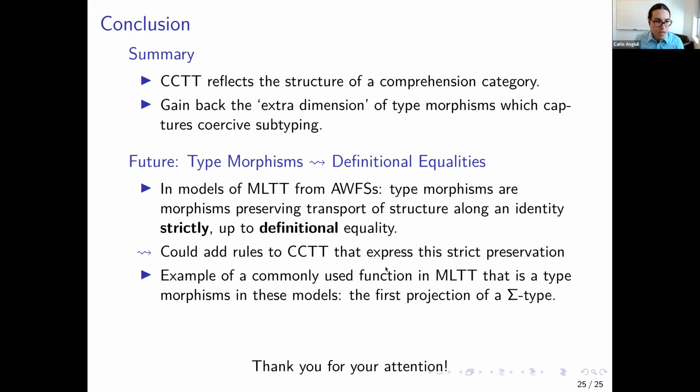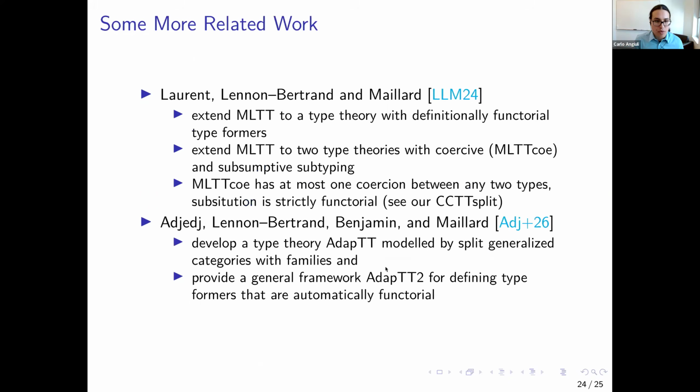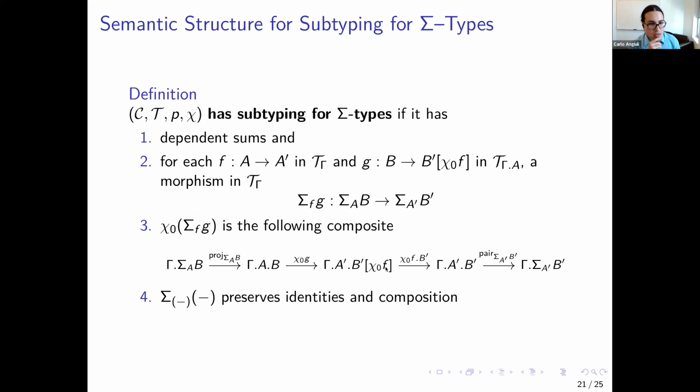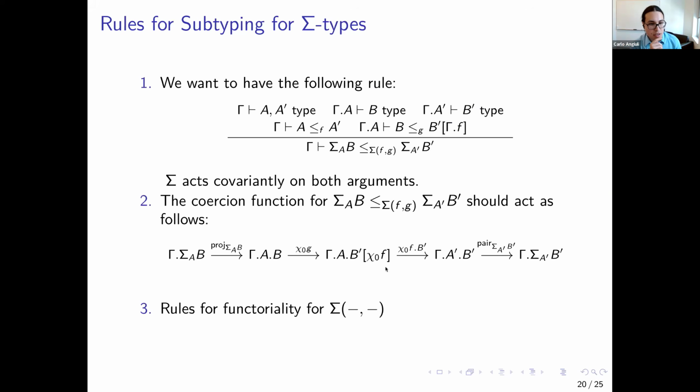I guess maybe I will start with one. Going back to the rules about subtyping for sigmas, I was kind of expecting that you would say that, yeah, exactly, these rules are derivable from other things, because the elements of sigma types are already determined up to isomorphism.